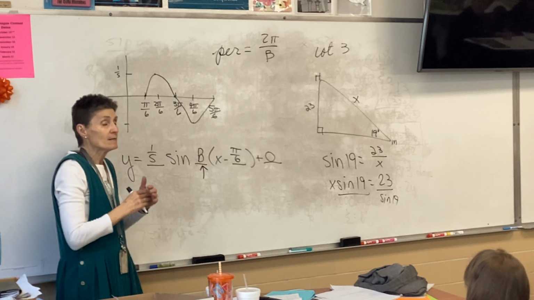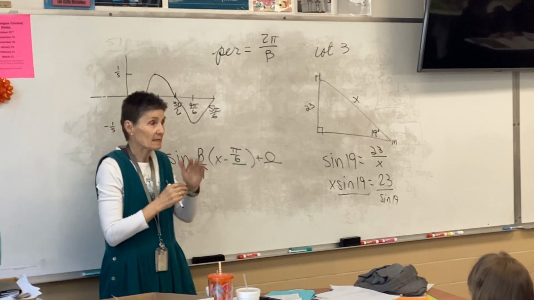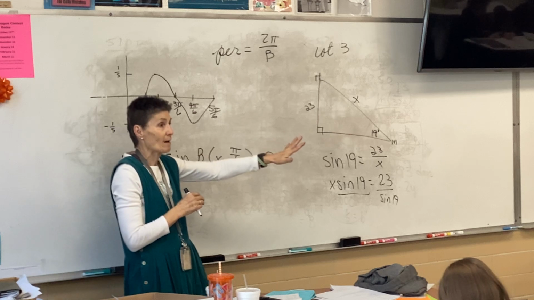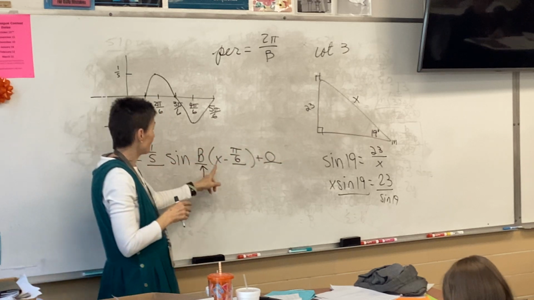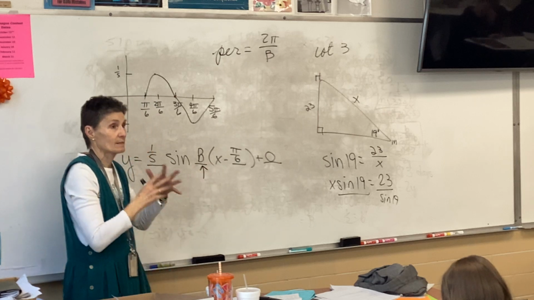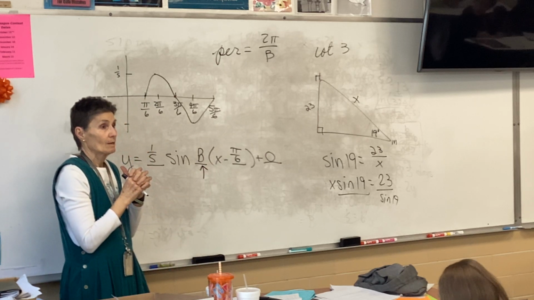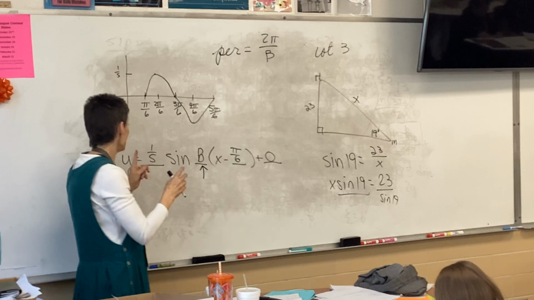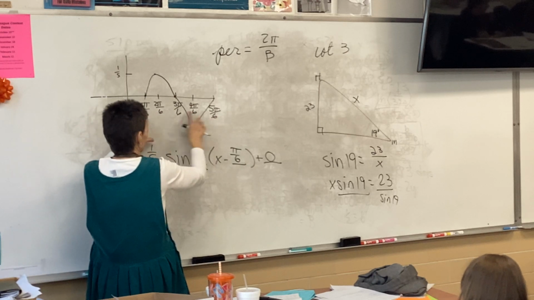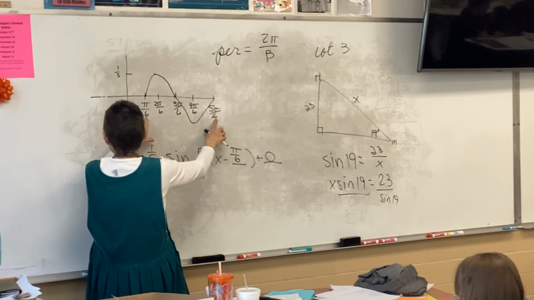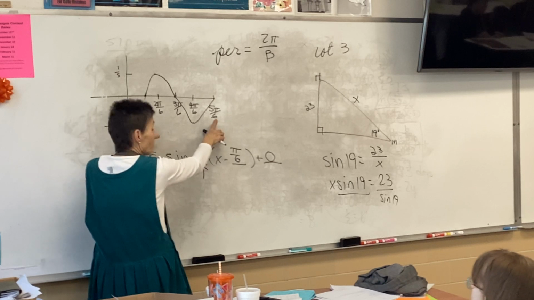To find the period, think about what we just did when we graphed: we took 2 pi and divided it by the coefficient on x. Now, what is my period? How far is it from start to finish?